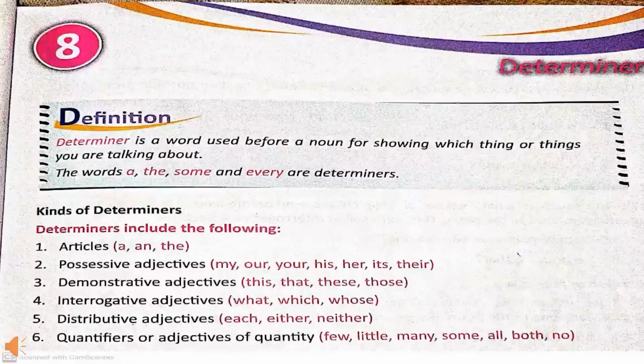Fifth kind is distributive adjectives, each, either, neither are the examples. And the sixth kind is adjectives of quantity or quantifiers, few, little, many, some, etc. are the examples of this kind.